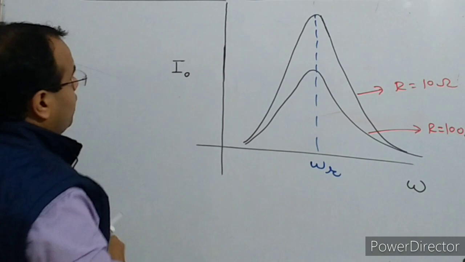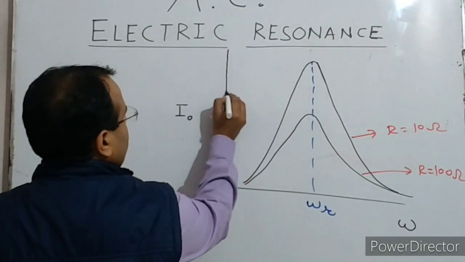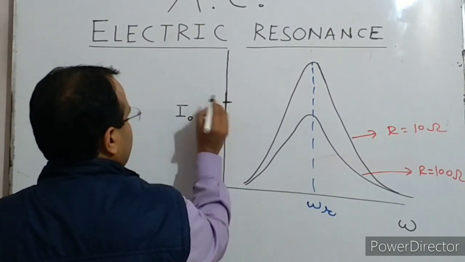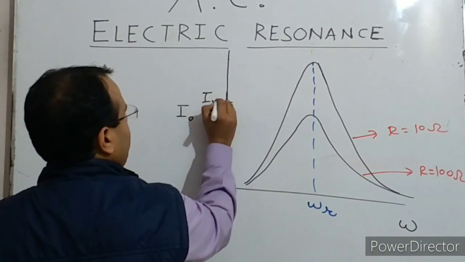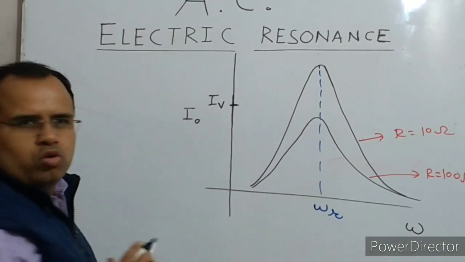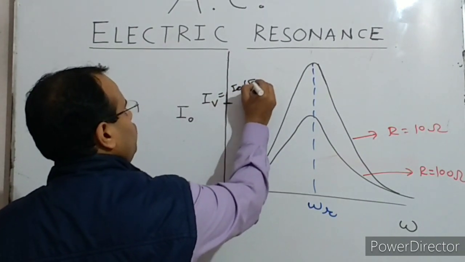Also, one more thing you have to do here is that we know this is the peak value actually. The RMS value of the current is given by I_av, and we know that I_av is equal to I naught by root 2.